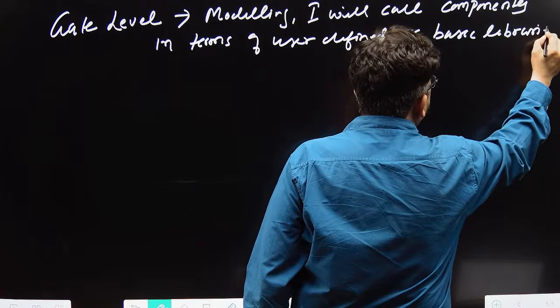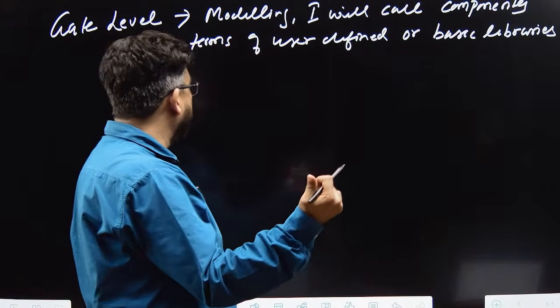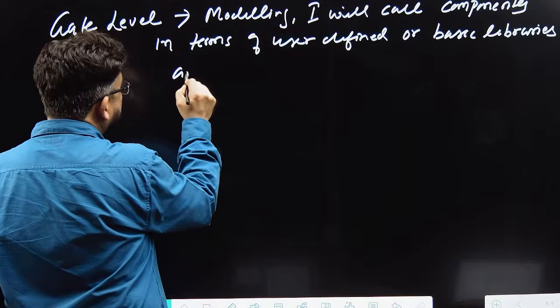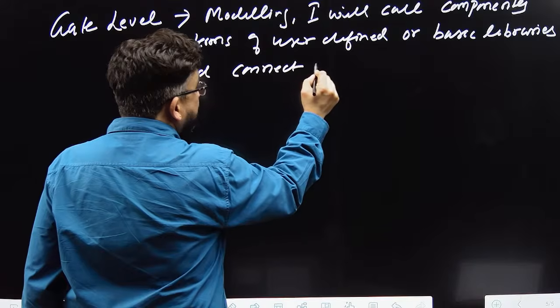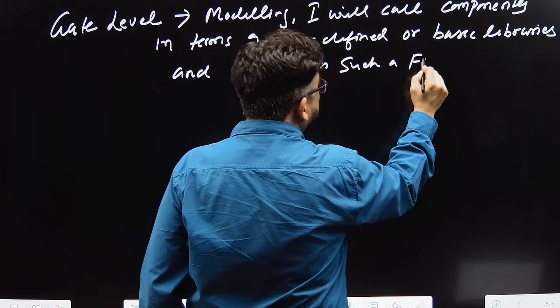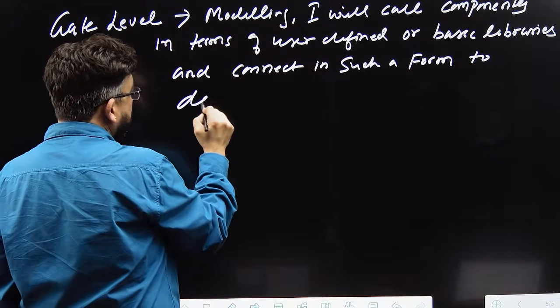I'm writing it so that you understand better. So gate level modeling is a modeling where I will call the components, in terms of user defined or basic libraries, and connect them in such a form to get the desired output.